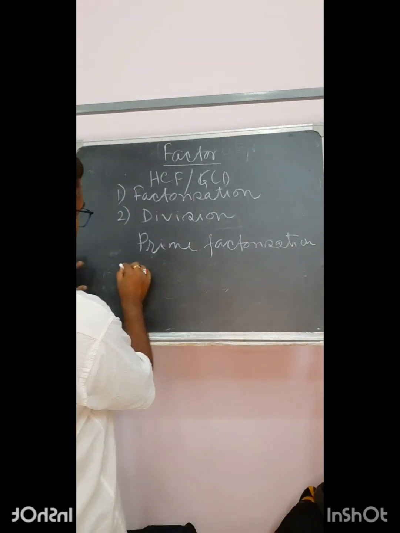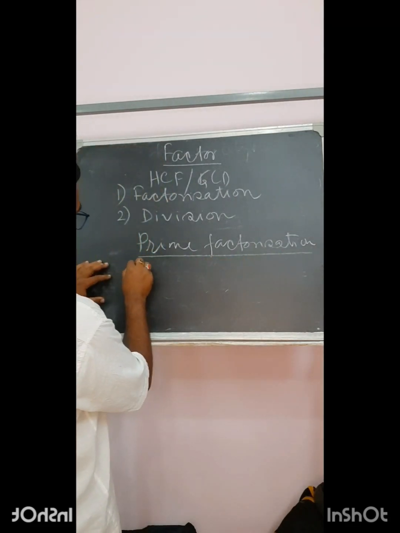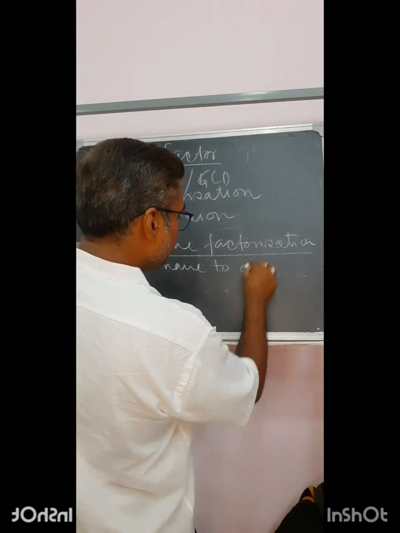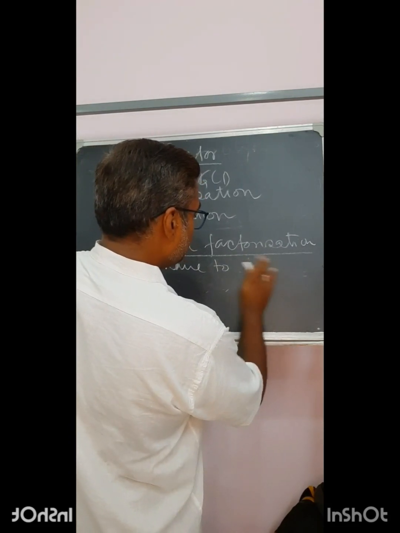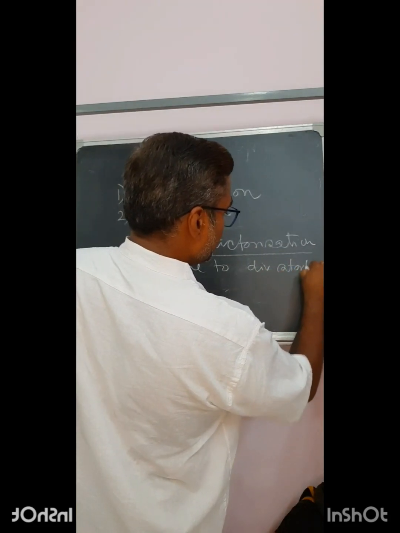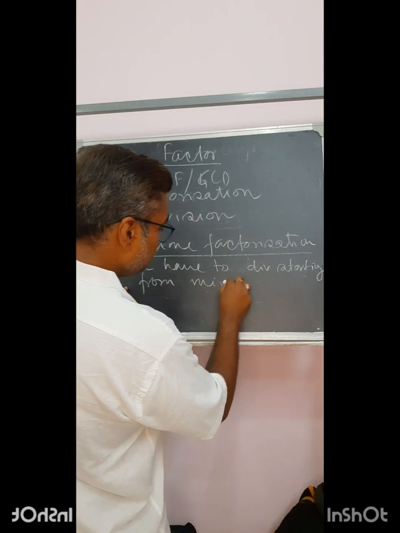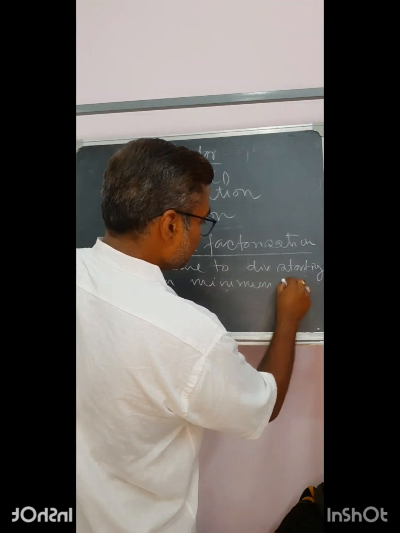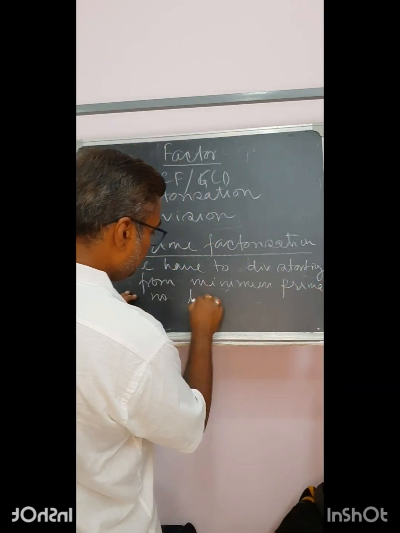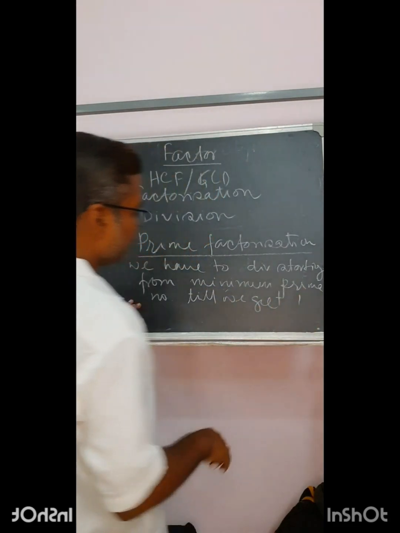So the definition says prime factorization is that we have to divide starting from the minimum prime number till we get 1. So this is the definition.